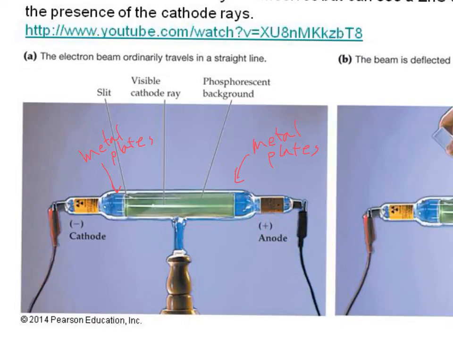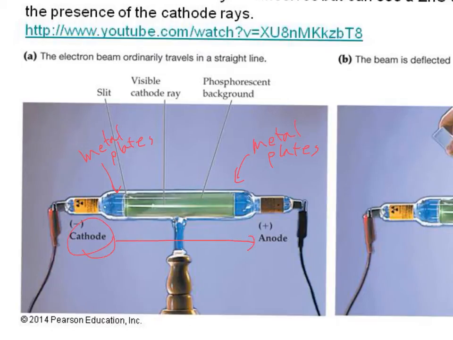When a charge is run through the tube, a stream of particles is emitted from the cathode and travels to the anode. So particles leave here and go to here.